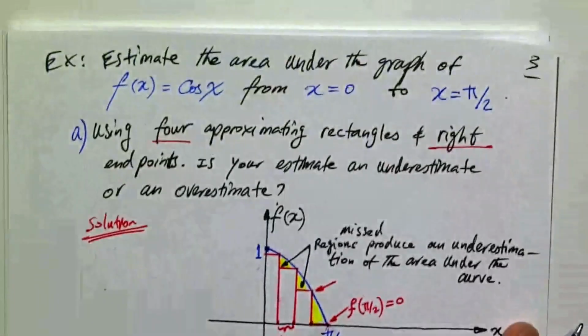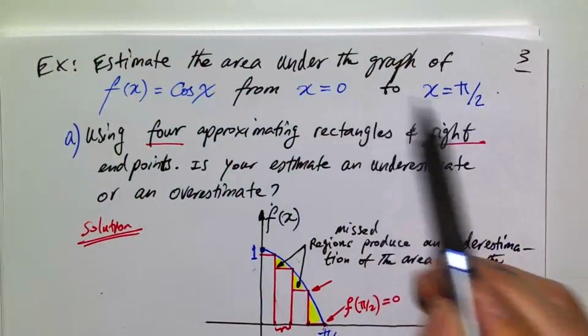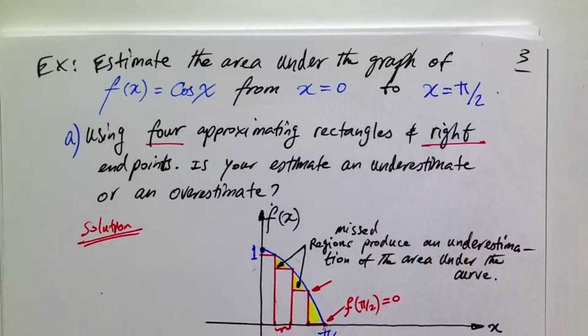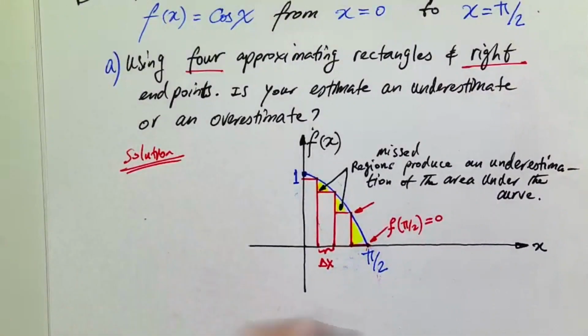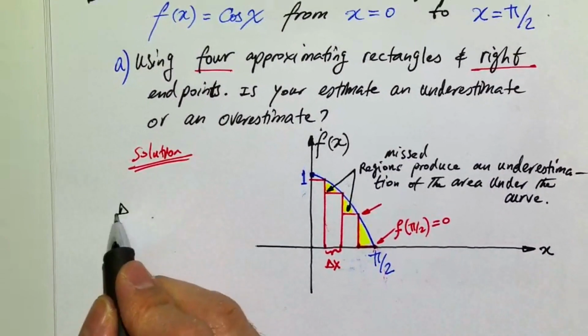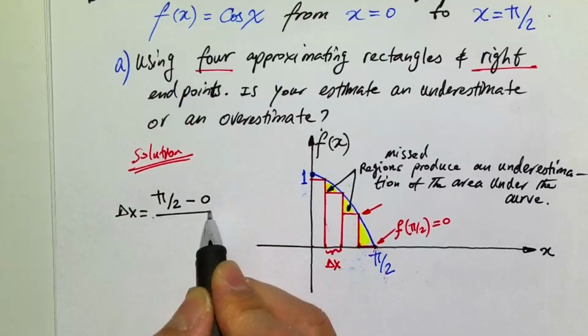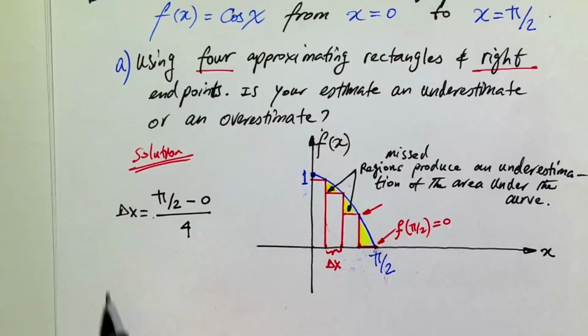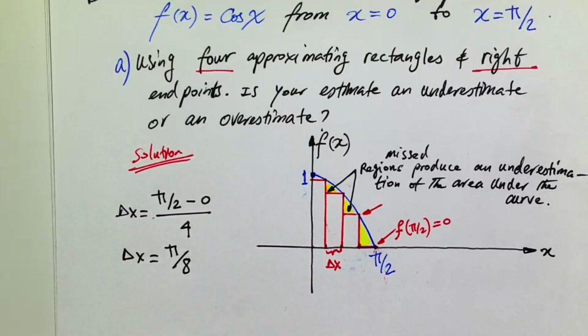We take the width, which is from 0 to pi over 2, pi over 2 minus 0, divided by how many rectangles we have? 4, right? So in other words, delta x is pi over 2 minus 0 divided by 4, right? Which means delta x is pi over 8.